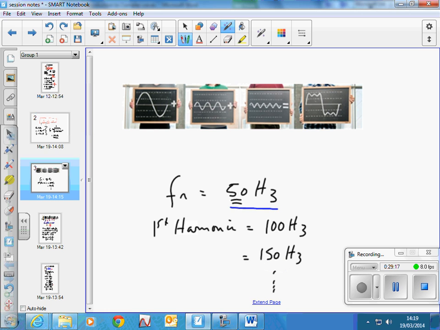So the last thing I want us to do today is to work out what current will flow in that circuit if we had a frequency of not 50 hertz but 150 hertz. So go back to the calculation you looked at at the beginning of today and repeat the calculation with a frequency of 150 hertz and see what happens. I'll pause while you have a go at it.